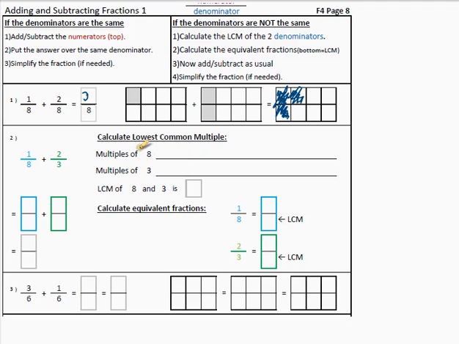Now the easiest way to do that is just to look at the highest number and look at the multiples of 8. It's 8, 16, 24. Now if we get here, we can see 8 isn't in my 3 times table, 16 isn't, but 24 is. So actually it wasn't necessary to write down the list of those, because we can see it's 24.